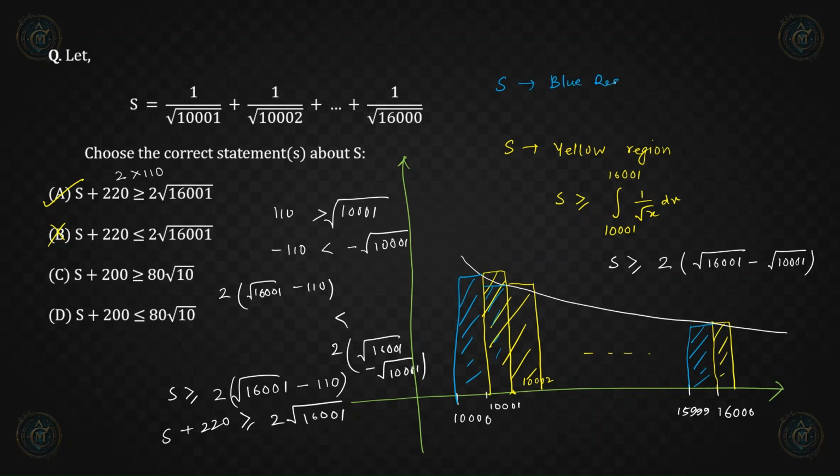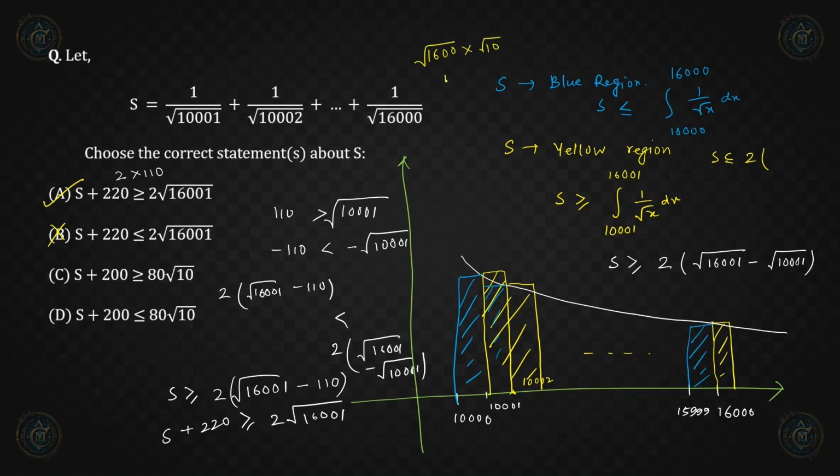So S is the blue region, that means the area of the blue region is clearly less than or equal to the integral of the function 1 by root x from x equal to 10,000 to this point, 16,000. So if we calculate, S less than or equal to 2 times under root 16,000, so this becomes under root 16,000 times root 10.